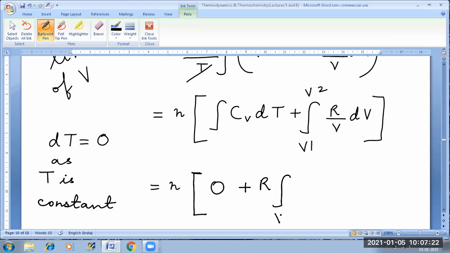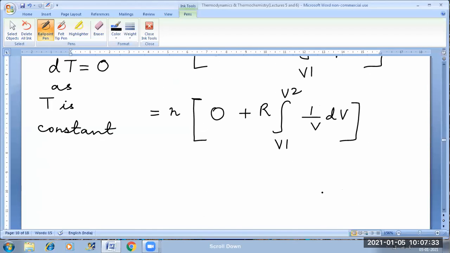R is a constant, it is 8.3148. So I take it out and I'm left with now 1 upon V dV. So this particular derivation that I'm doing is for reversible isothermal process. Now, integral 1 upon V dV from V1 to V2 is ln V2 upon V1.